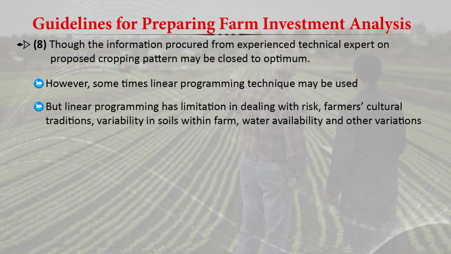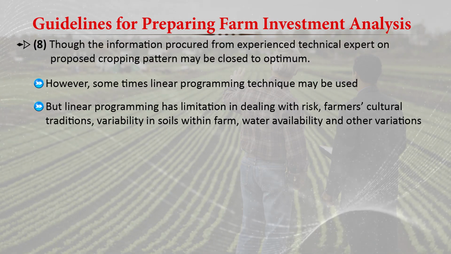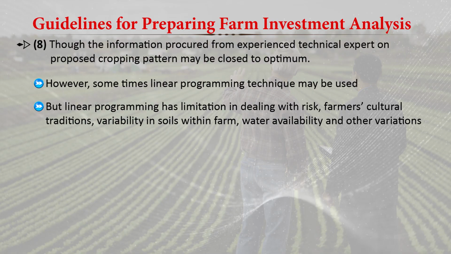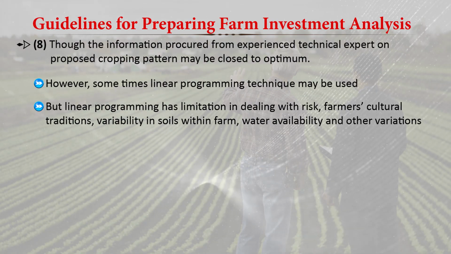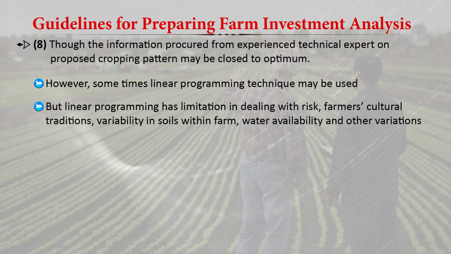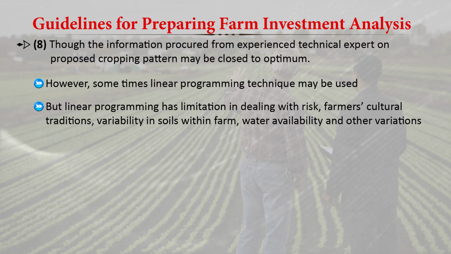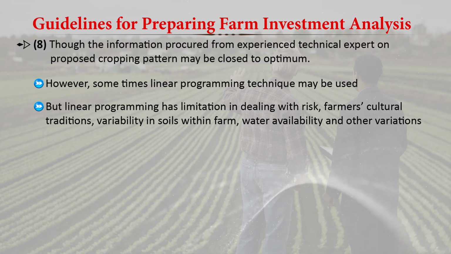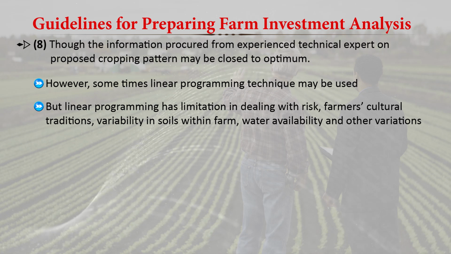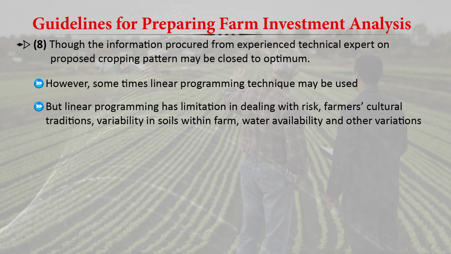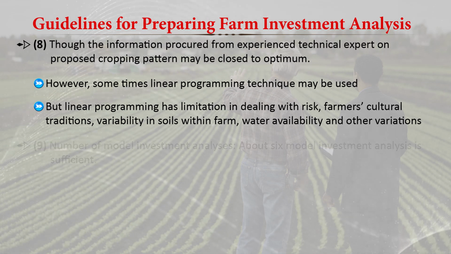It cannot deal with the risk, or it cannot include information in the analysis about the farmers' culture or traditions. Sometimes we have variability in the soil within the farm, or variation in the water availability, or there are different variations. So all such information cannot be utilized in linear programming sometimes.